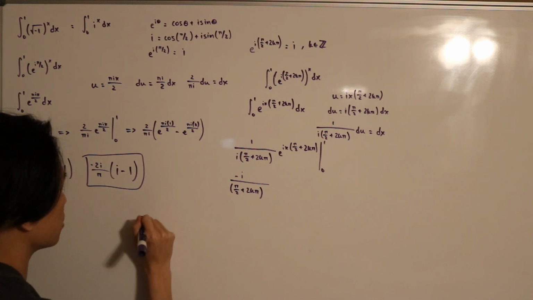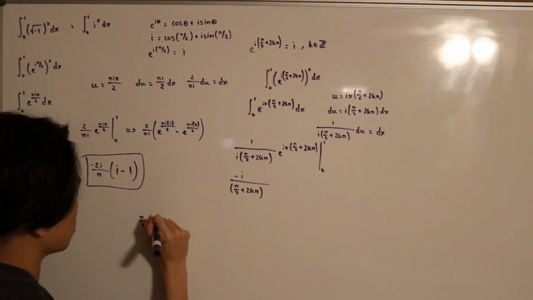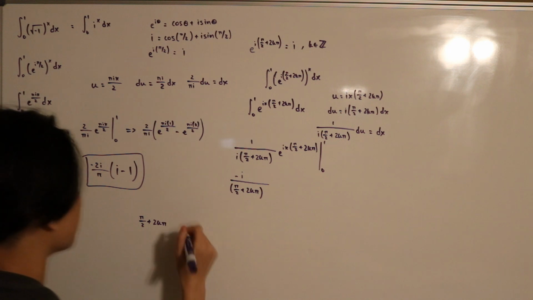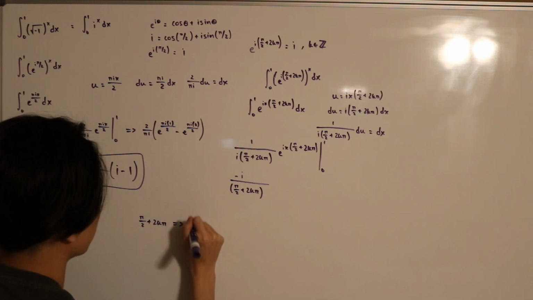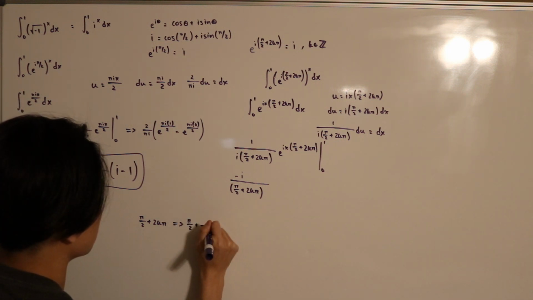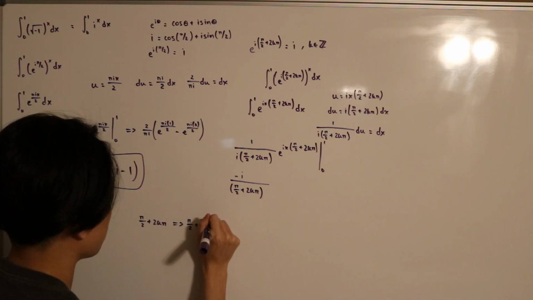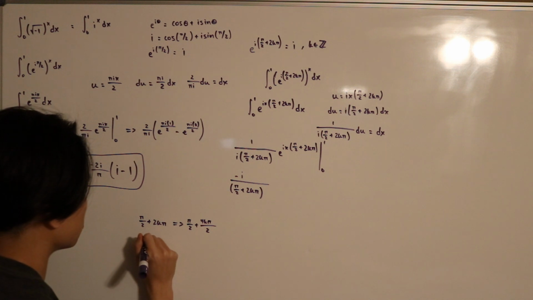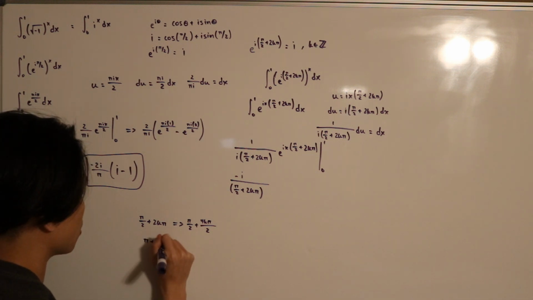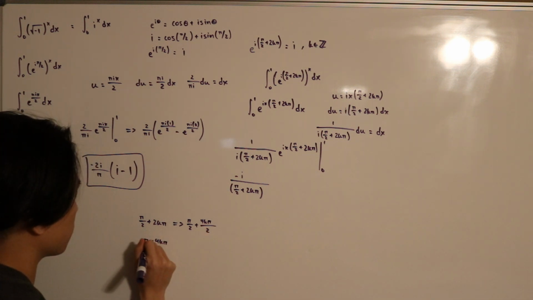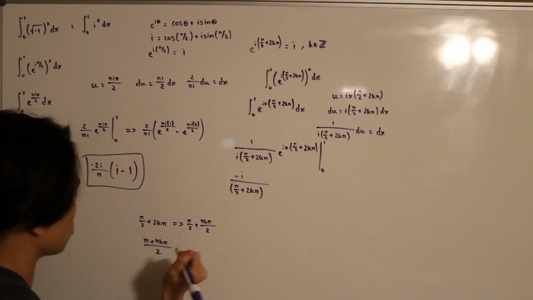So we do pi divided by 2 plus 2k pi. That will be pi over 2 plus 2, and then multiply 2 here, so it's 4k pi. And that's simply equal to pi plus 4k pi, divided by 2.